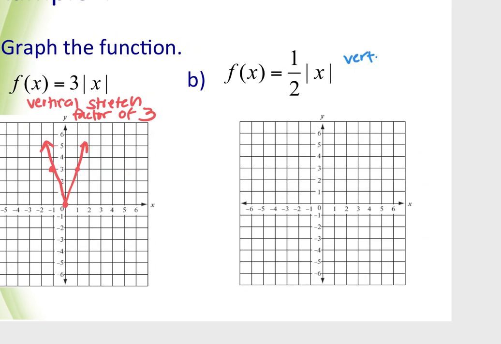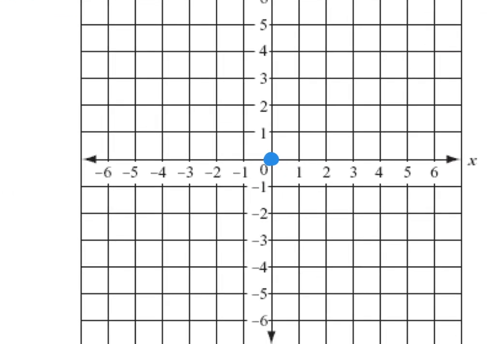Vertical compression, factor of 1/2. So at 0, 0 it stays, but instead of going up 1 and to the right 1, I go up 1/2 and 1. Nope, sorry, up 1 and out 2. So it is wider.